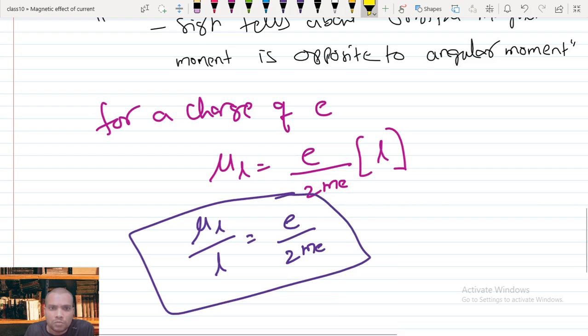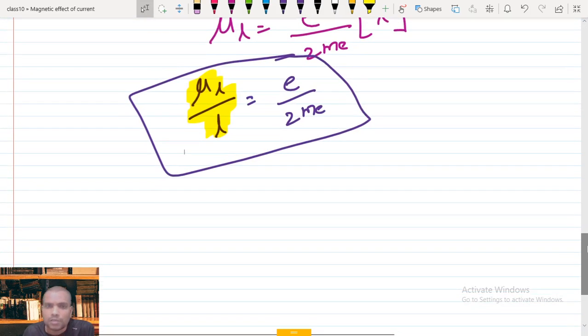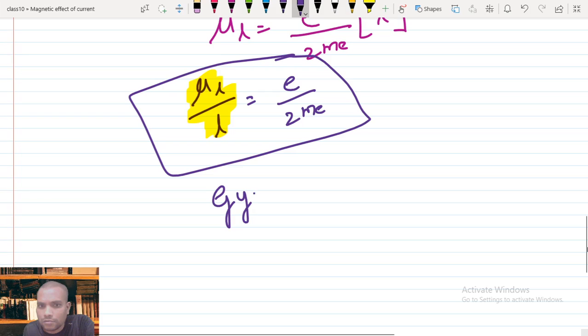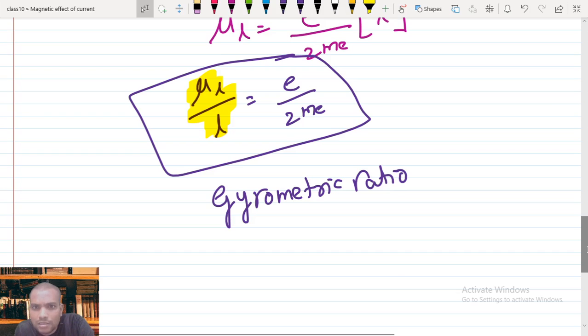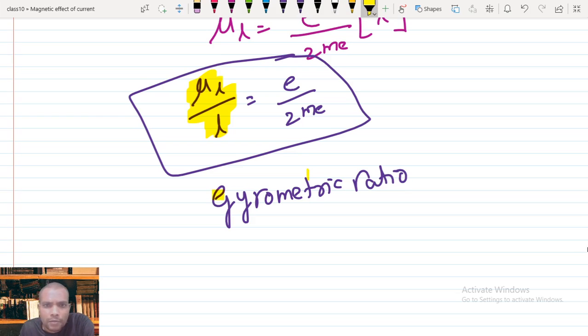This ratio mu L upon L is very important in atomic theory, and it is known as the gyromagnetic ratio. If you know the charge and the mass of the electron, then we can get the ratio. We can also calculate this ratio from the orbital magnetic moment and the angular momentum of revolving electrons.